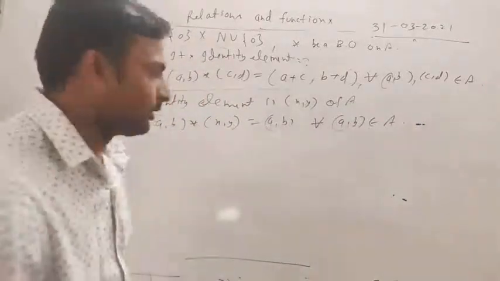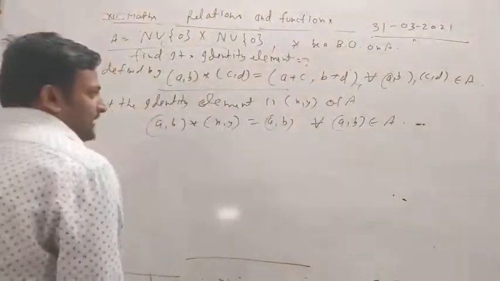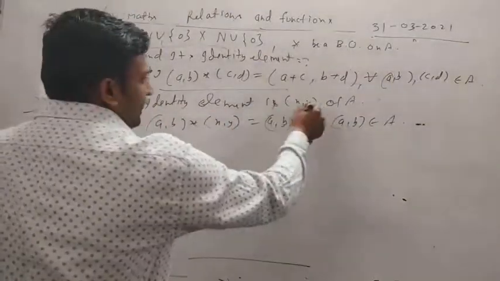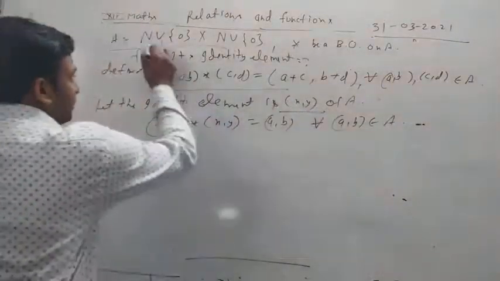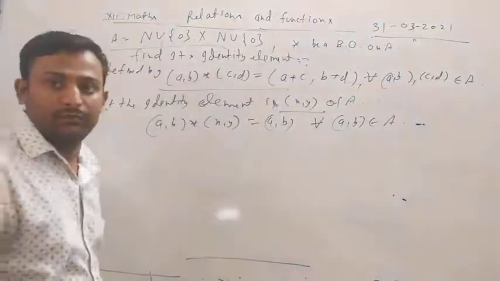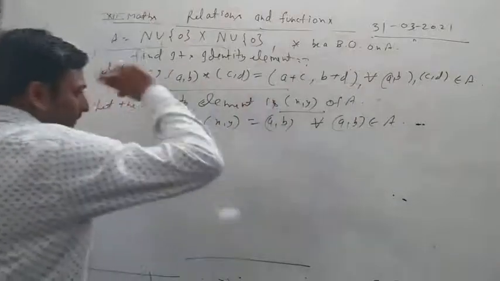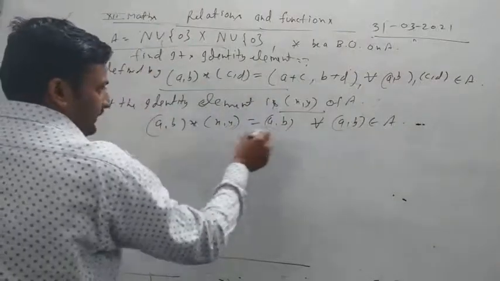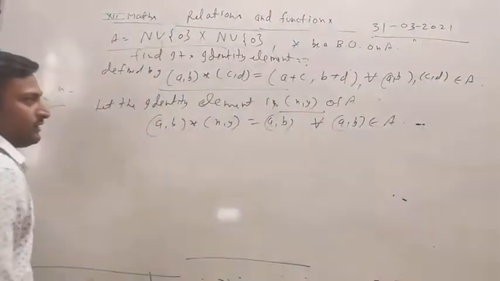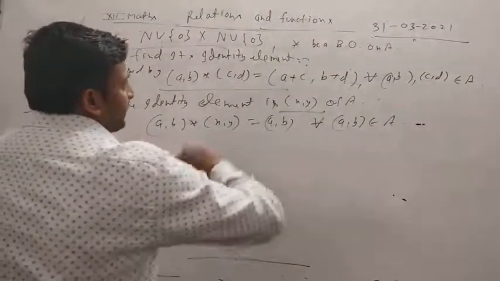Here our identity element is (x, y) because the set is given as ordered pairs, a Cartesian product. So a star E is equal to a. Okay students, now we apply this.